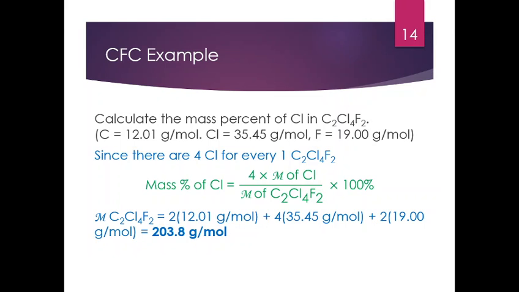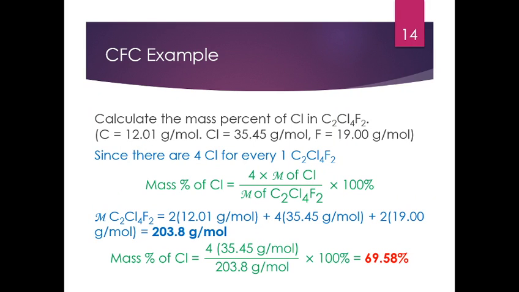We end up with a molar mass of 203.8 grams per mole. So if we want to know the mass percent of our chlorine, we just need to take, as I stated earlier, the mass of 4 chlorines, or 35.45 times 4, over the mass of the entire complex, or the 203.8 we just determined, and then tie it off into a nice little bow with a 100% sign.